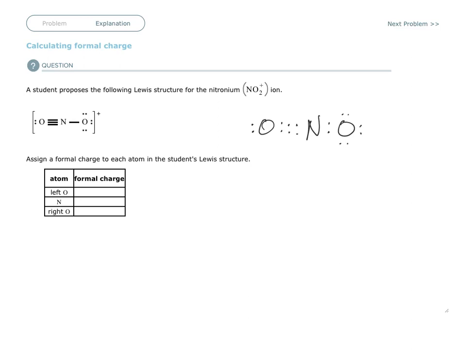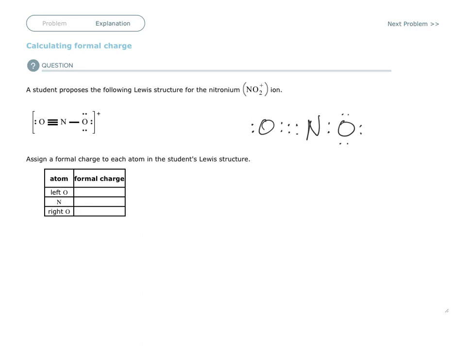So if you have a bond of 2 electrons, so a single bond, 1 electron would be assigned to the oxygen, 1 to the nitrogen. In this case, it's a triple bond, so half of those would be 3. 3 would be assigned to the oxygen, 3 to the nitrogen.